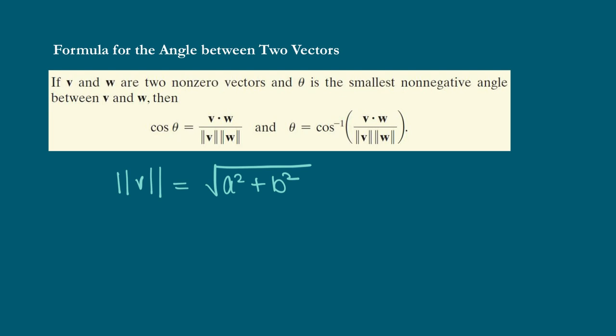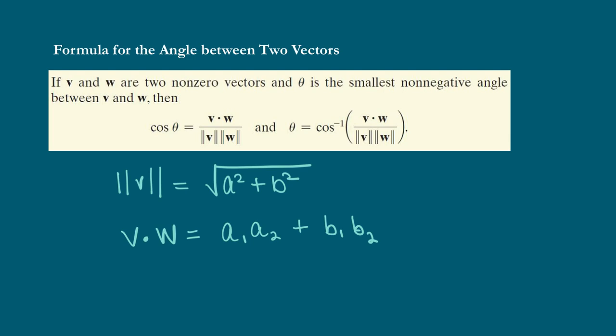And then let's remember that dot product is equal to the product of our a components plus the product of our b components. So we're going to need to remember how to do that in order to solve these formulas.